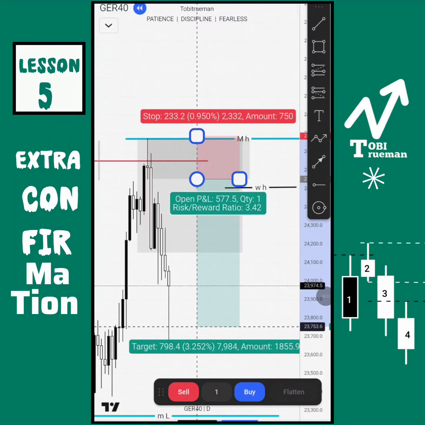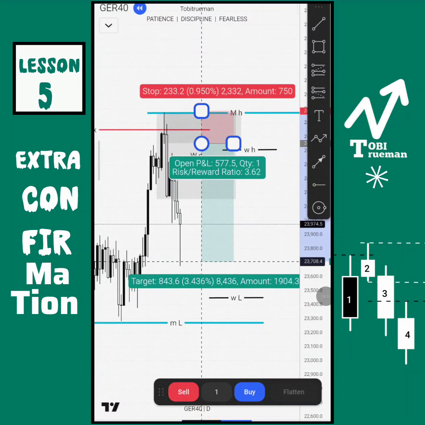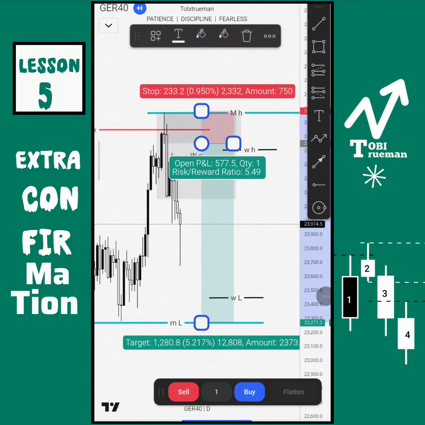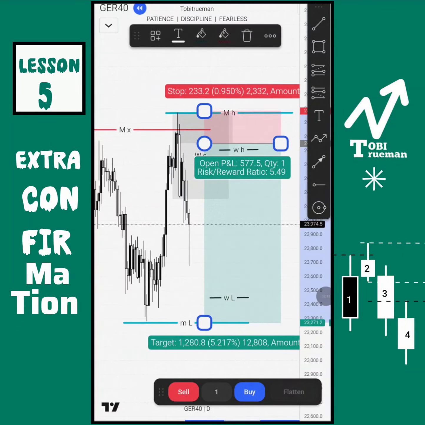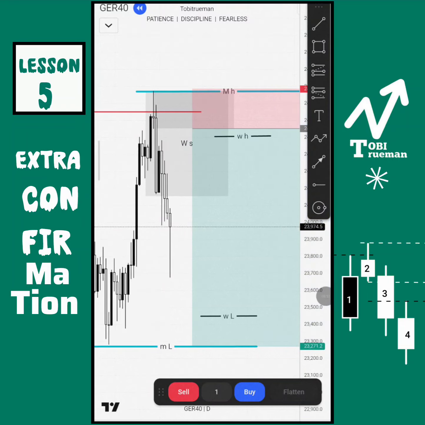We can look for our 1 to 3, or we can also look for price to take out this previous month low. That is also a previous week low, and this trade would have given us 1 to 5.49.